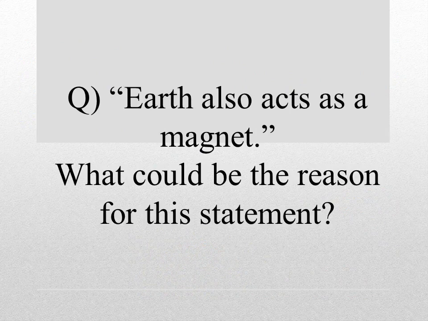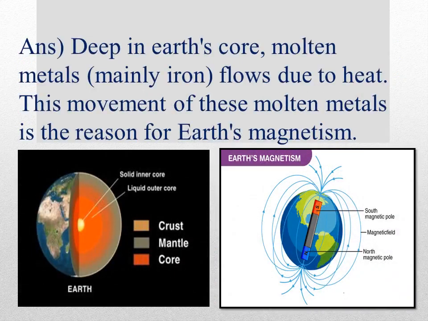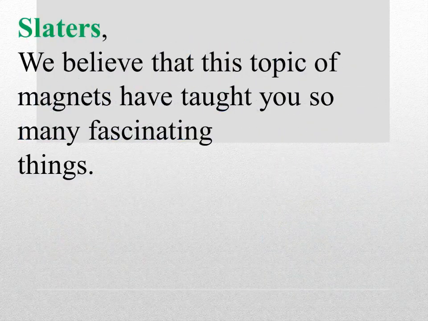What could be the reason for this statement? Deep in Earth's core, molten metals, mainly iron, flow due to heat. The movement of these molten metals is the reason for Earth's magnetism.